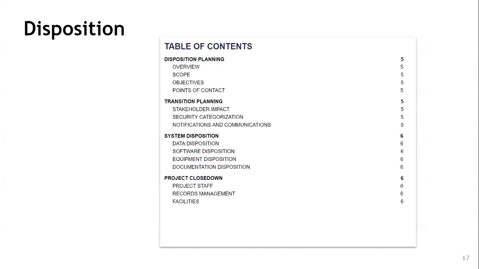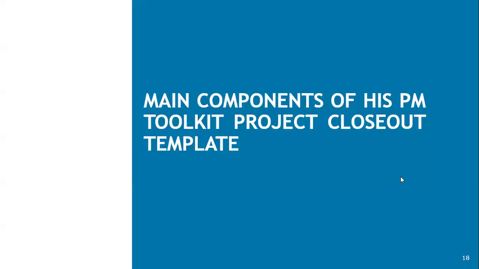And then we also have to consider system disposition, which includes data disposition, software disposition, equipment disposition, and documentation disposition. And the last key component is the project close down, which involves the staff that we have, the record management and the facilities that we use. So these are the key components of the project disposition or project closeouts.